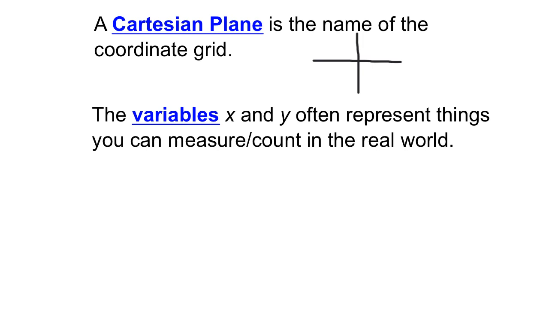For example, x along this axis and y along this axis could represent time and distance, or as we'll do later, your height and your arm span. You could make a graph of the relationship between these two things. Those two things that you're finding the relationship of are called variables.